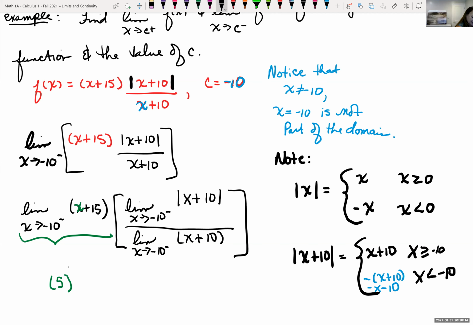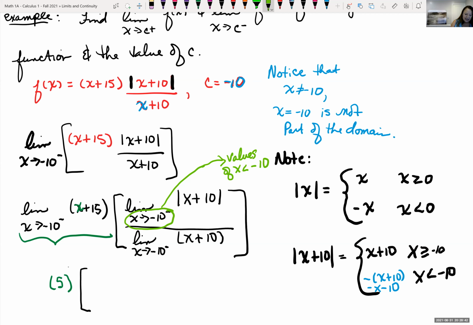Now we have this times, and this is where we have to be a little more careful. If we look at the limit as x is approaching negative 10 on the left, that's telling me that the values I'm plugging in are going to be smaller than negative 10.